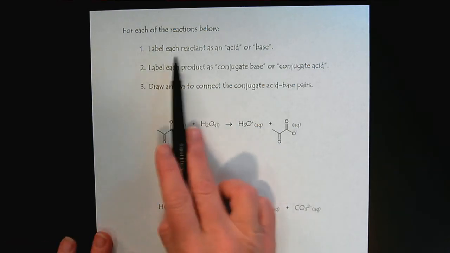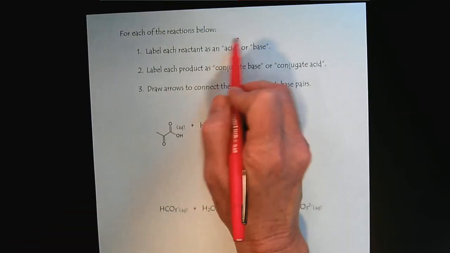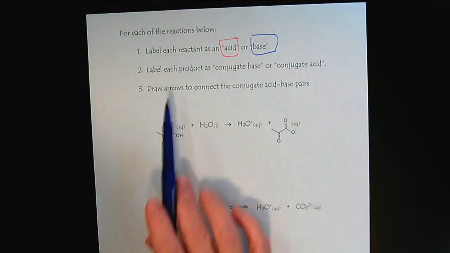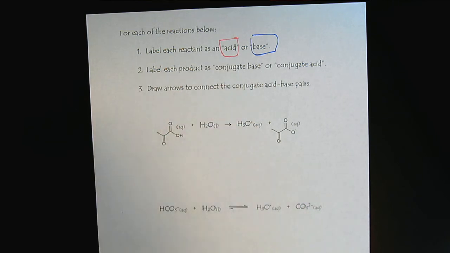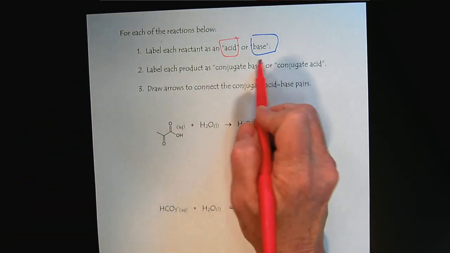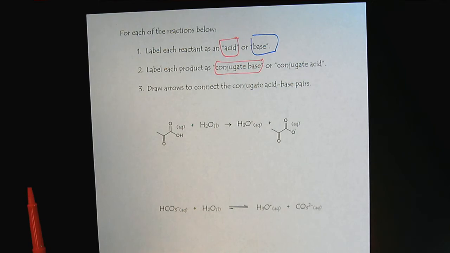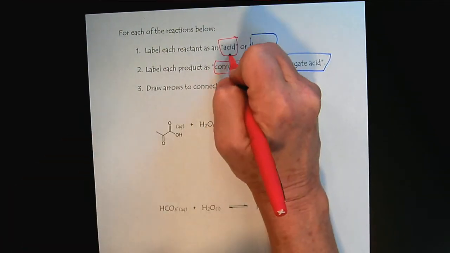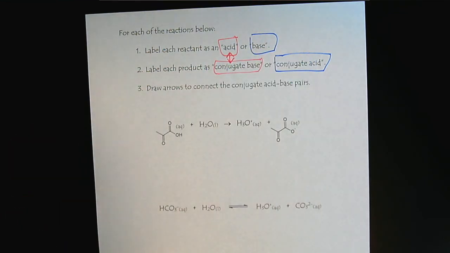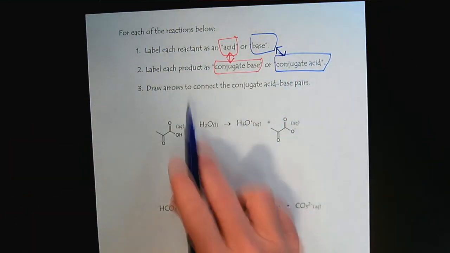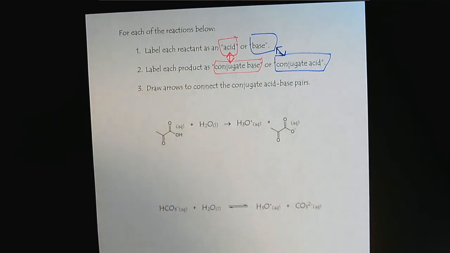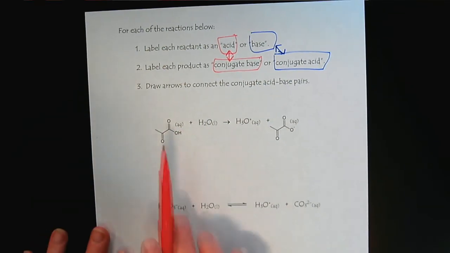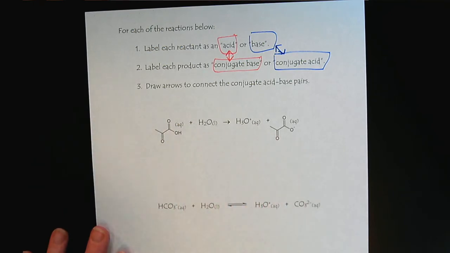All right, we're going to label each reactant as an acid or a base, and then label each product as the conjugate base or the conjugate acid, recognizing that these create the conjugate acid-base pairs. Then there are the arrows connecting them too. We look at the reactants and the products, noting change.